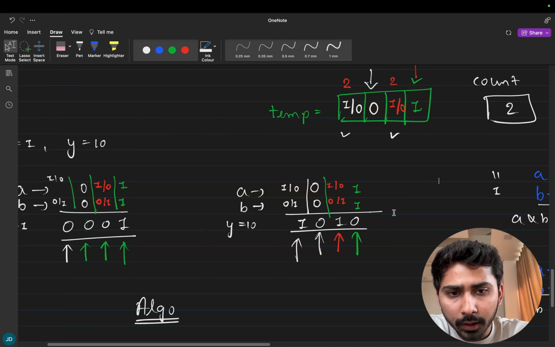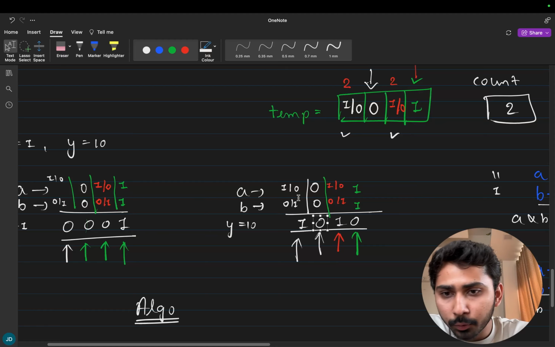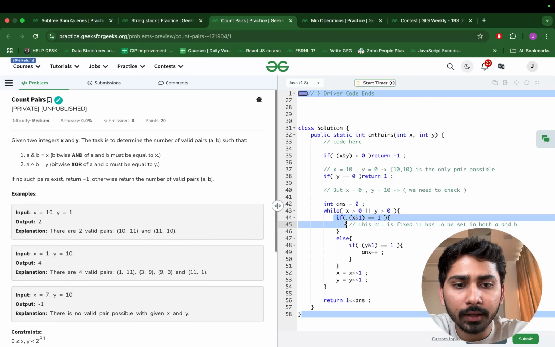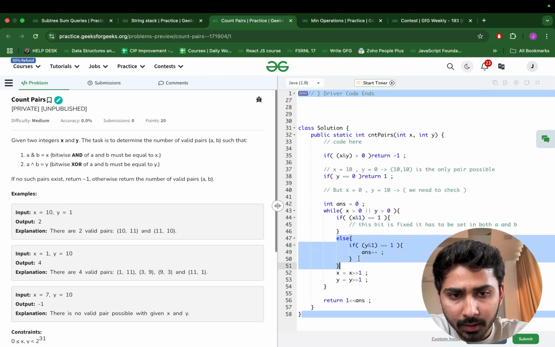Okay, now what if the ith position in y is unset? If the ith position in y is unset, then that means it would have been unset in x as well. Why? Because if the ith bit is unset in x, only then this part will be executing.